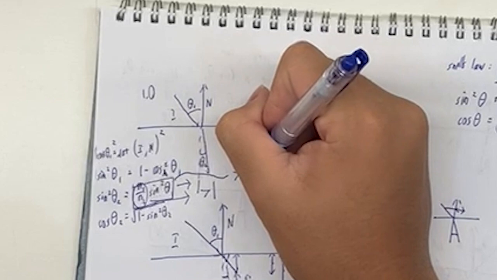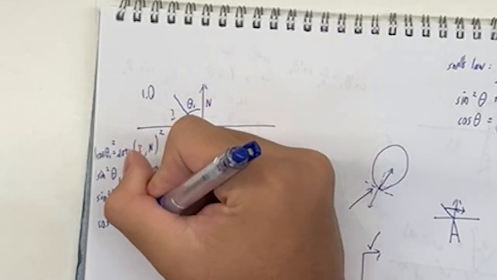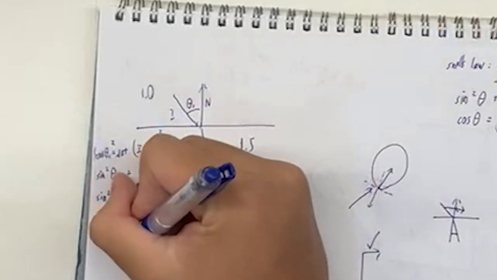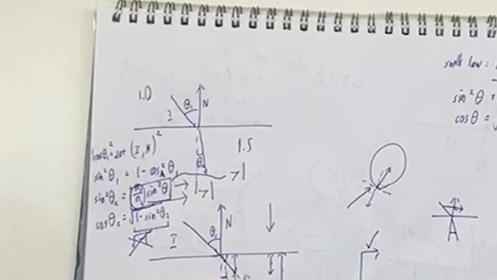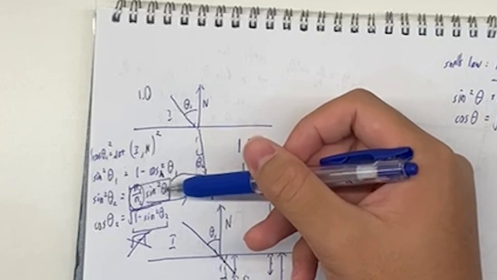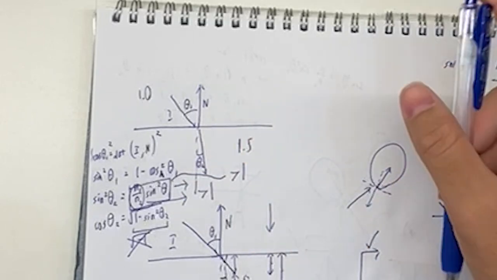And if this whole part is larger than 1, that means this part will be negative, and square root of negative is just a big no-no. So actually, this is really useful because it allows us to determine whether we have reached a critical angle or not. With this, we can just do reflection calculations like previously, but instead inside the object.